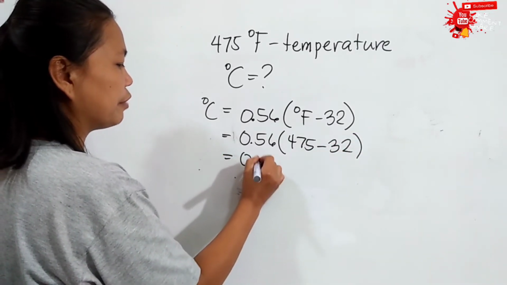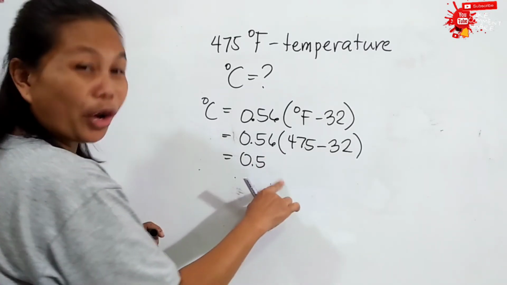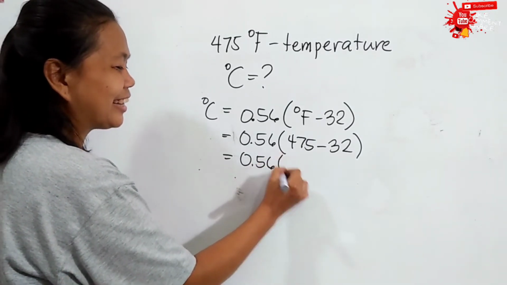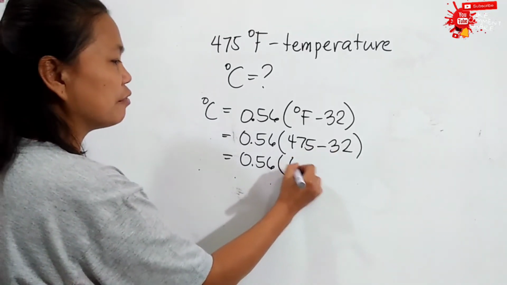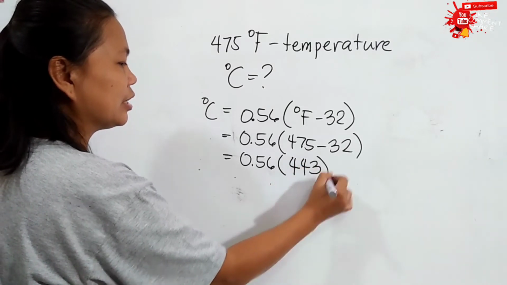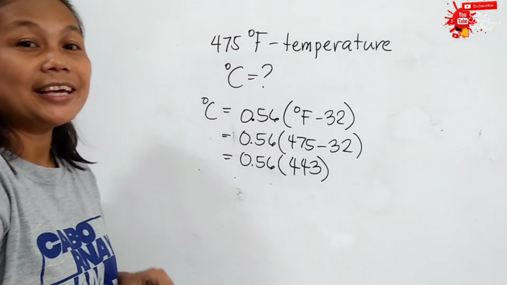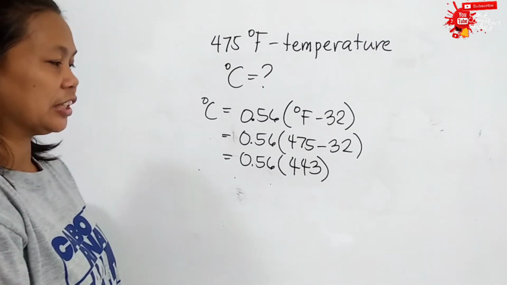So 0.56 times the difference between these two, we have 443. So we need to multiply 0.56 and 443.